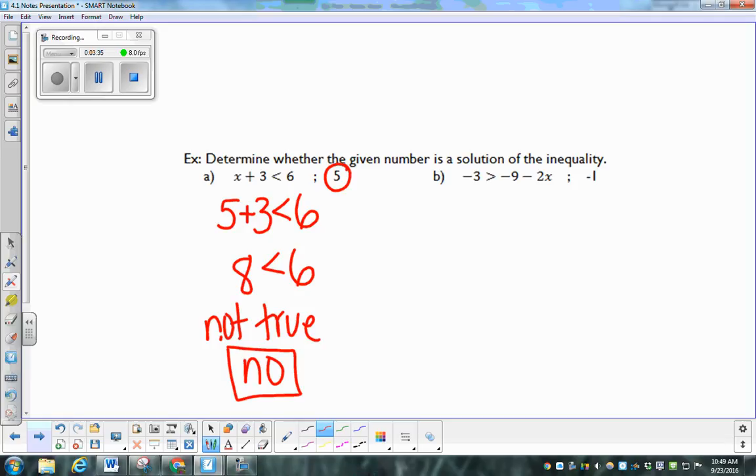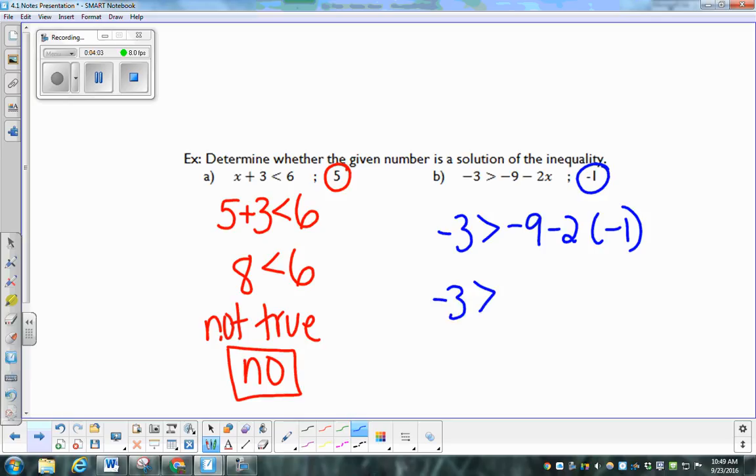Let's try this other one. So this other problem wants us to see if -1 is a solution to the inequality -3 is greater than -9 minus 2x. So I'm going to rewrite this, but I'm going to substitute in -1 for my x value. Let's go ahead and simplify that right side. So I'm going to go ahead and do -2 times -1.